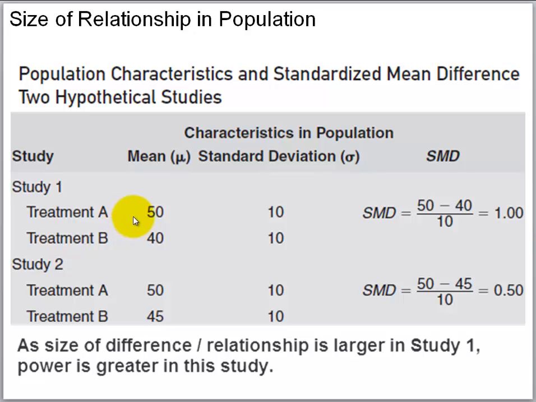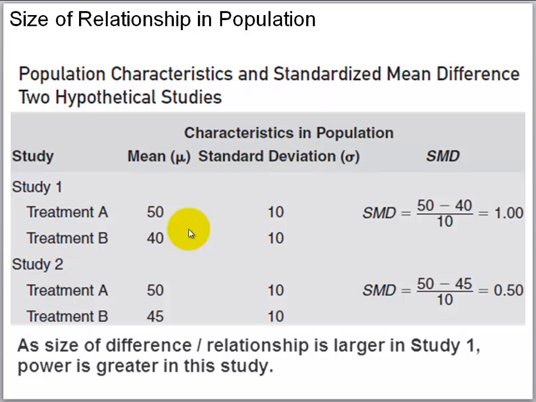Let's look at the size of the relationship or difference in study 1's population. So here's our data. This is a hypothetical example. The researcher would not have data on the full population in the real world, but let's presume that these are indeed our conditions in the population.